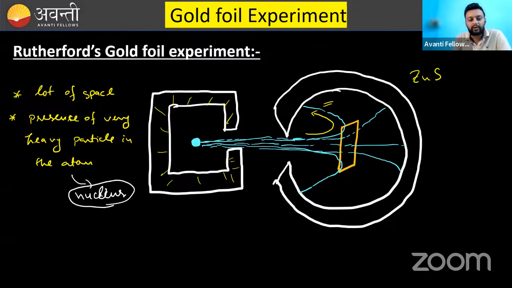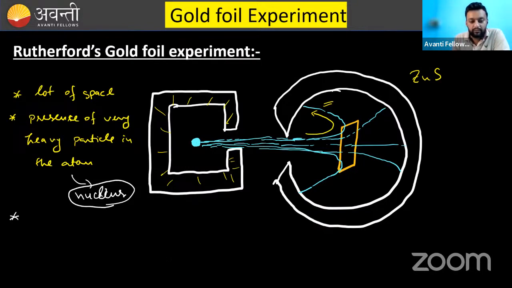And it was again concluded that this nucleus has almost all the mass of the atom, and it is positively charged. So these are the conclusions.